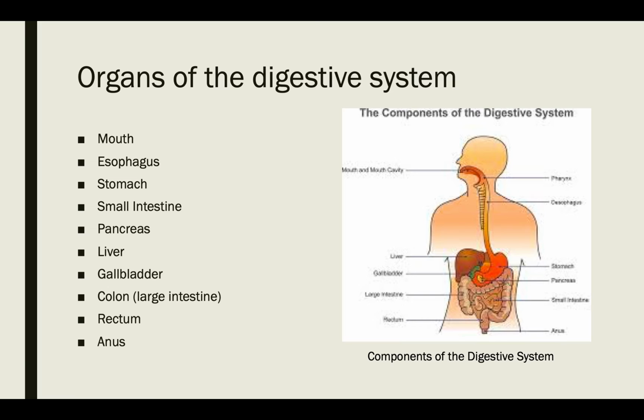It starts from the mouth, then esophagus, liver, stomach, gallbladder, pancreas, large intestine, the small intestine, the rectum, and the anus down here. And we will talk about all these organs of the digestive system this evening.